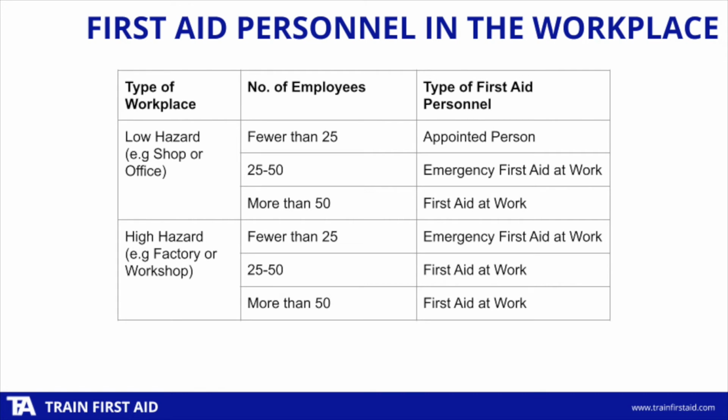So for example, many activity instructors require a 2-day or 3-day first aid at work qualification, even though they only work with 5 or 6 people at a time, just because the hazards where they're working are particularly harmful and require that higher level of qualification. So this table should only be used as guidance.